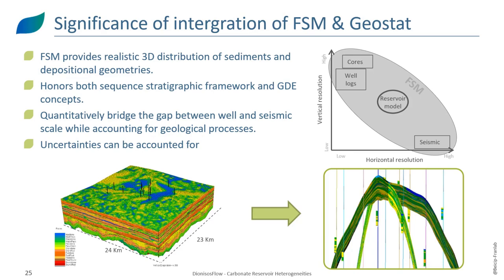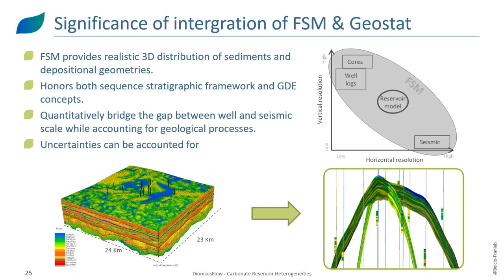And the fourth big significance is a unique opportunity that this integration provides that allows us to account for geological uncertainties. Thanks to our COGAR-Flow uncertainty and sensitivity analysis solution, we can analyze the forward stratigraphic model and assess the geological uncertainty.